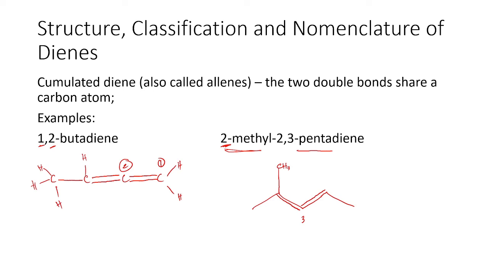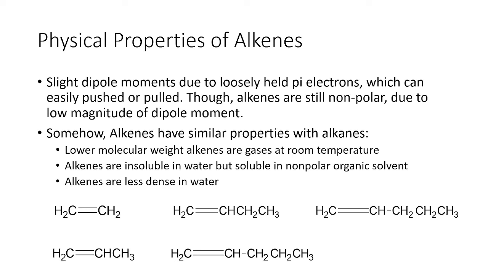So to end this video, let's just talk about the last part of the basics when we talk about alkenes and dienes. And that is the physical properties of alkenes.